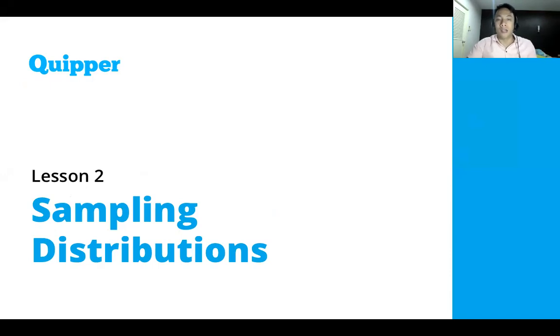Last time we went over the different terms in statistics, and how population and sample differ from each other. The only thing we are sure of is that the sample is inside the population. So we have to learn how samples are distributed, or what we call sampling distributions.